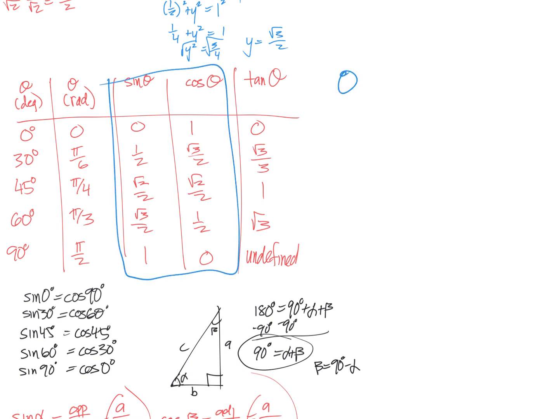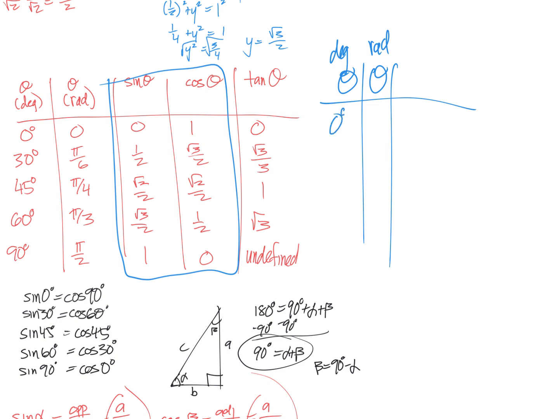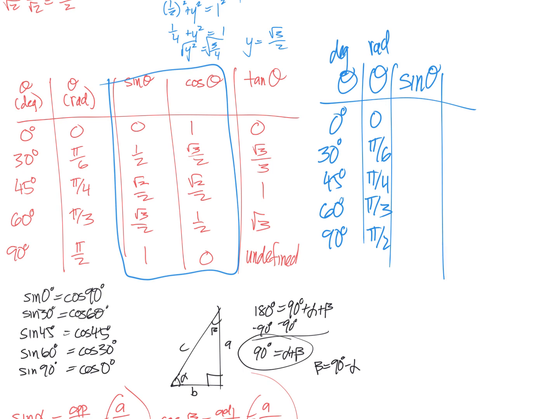If we have theta, and we'll put theta both in degrees and in radians, so we have 0 degrees, 0 radians, 30 degrees, pi over 6, 45 degrees, pi over 4, 60 degrees, pi over 3, and then 90 degrees, pi over 2, sine of theta, and then cosine of theta.